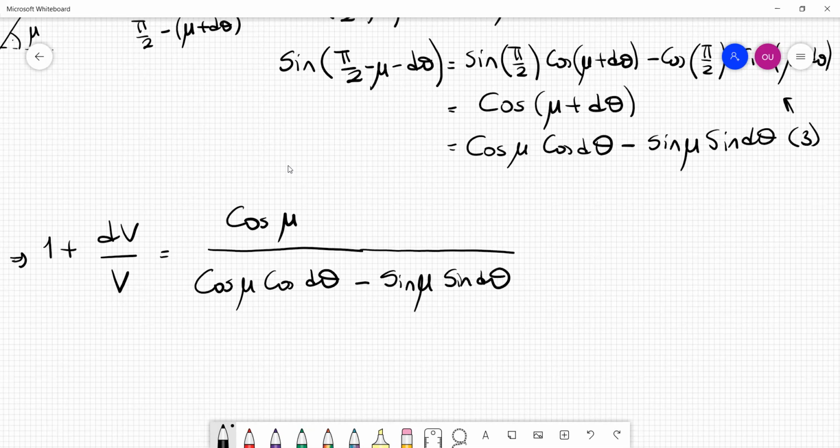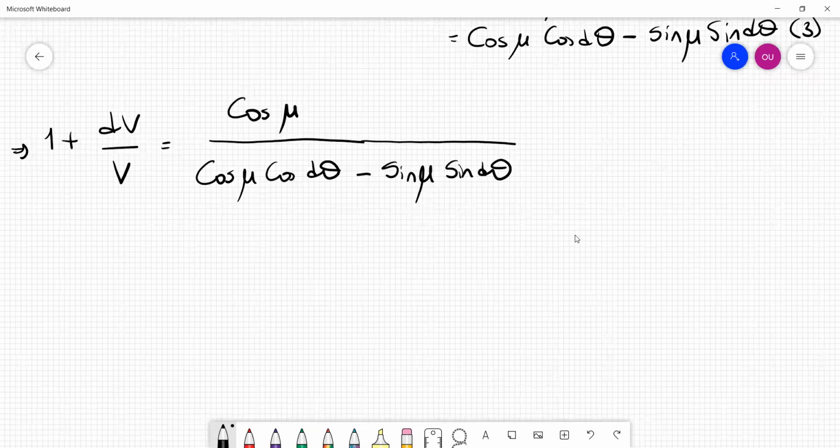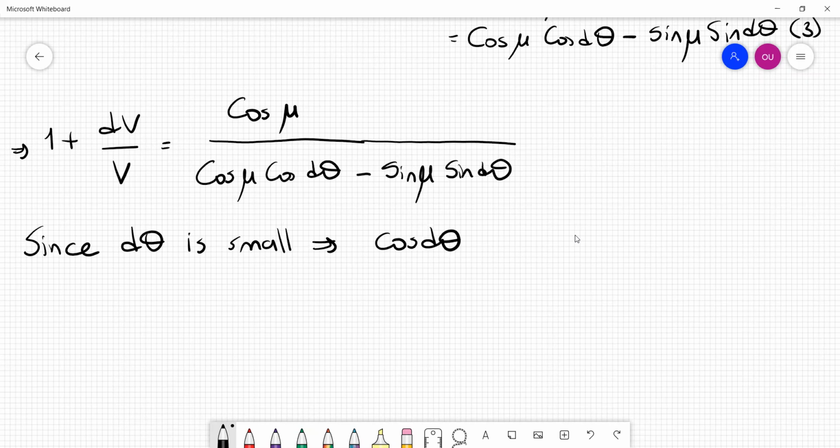Okay. So we know that a Mach wave creates an infinitesimal change. So d theta is a very small angle. So we can further do some simplifications. D theta is a small angle, so that, for example, cosine d theta is approximately equal to 1. Maybe it's equal to 0.9999, but it's approximately equal to 1 for small angles.